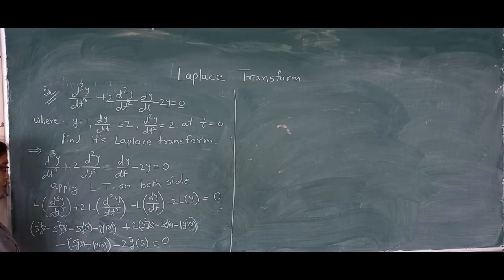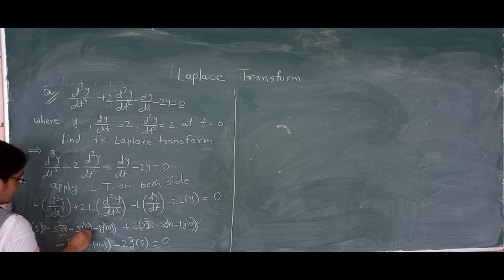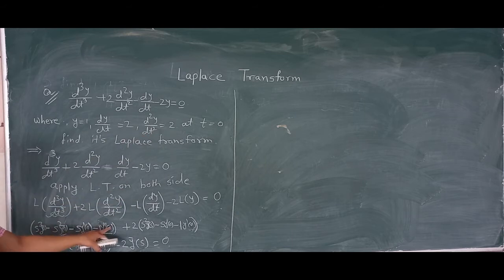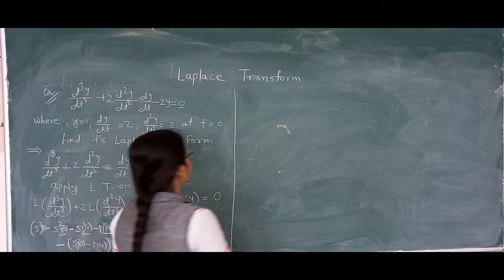Got this point? Now put y at 0, y dash at 0, y double dash at 0, that is 1, 2, 2 values at these places. What is the answer?